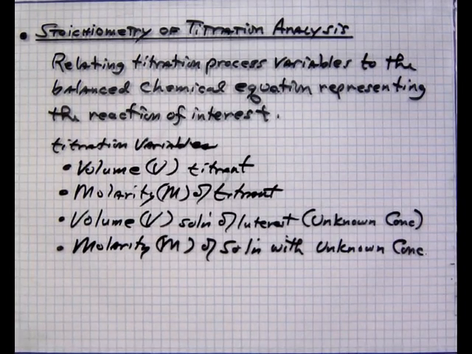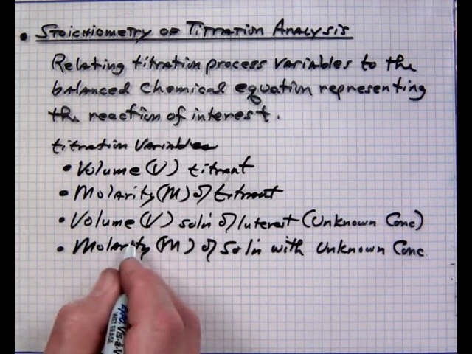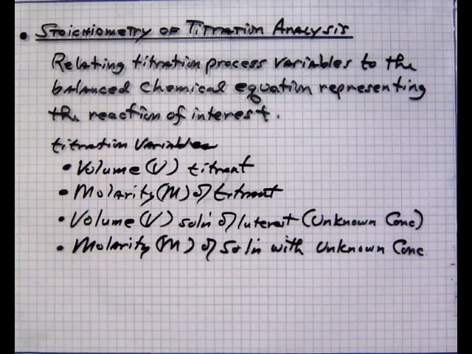Now, as we mentioned a moment ago, if you want to relate these variables to a chemical equation, you must take this information that you derive from the titration and convert it to moles. And then you can apply it to the chemical equation, since of course the chemical equation is based on mole quantities.